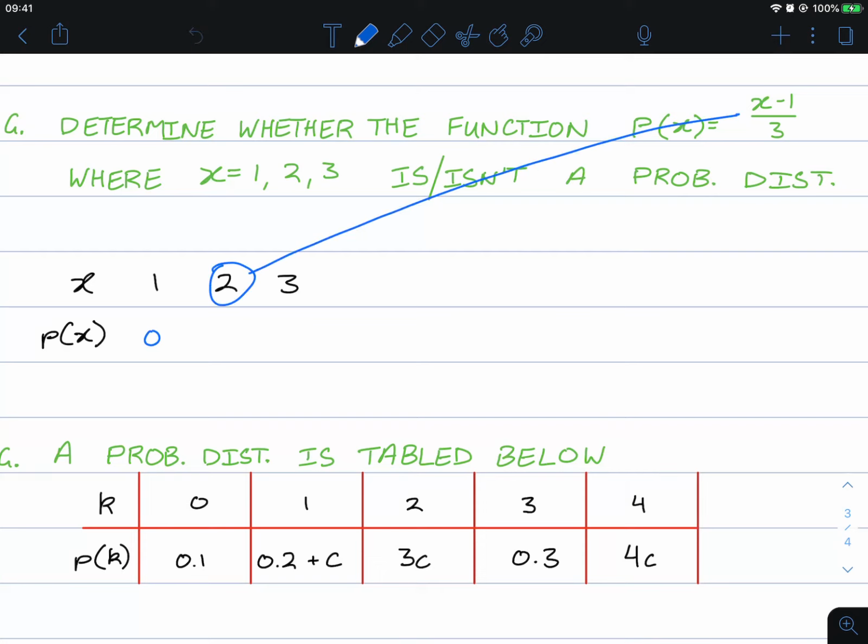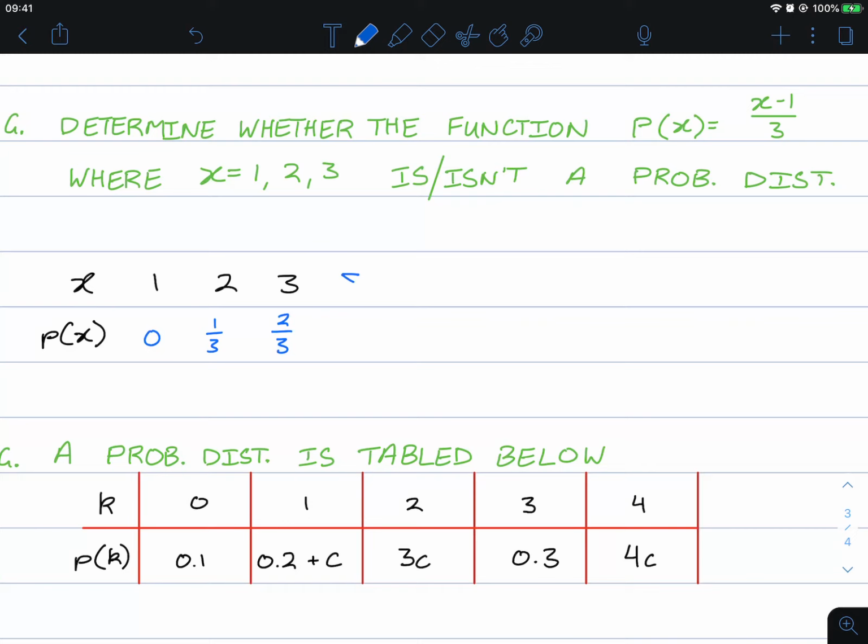Substituting 2. 2 take away 1 is going to be 1. 1 over 3. Substituting 3 into the function, that's 3 minus 1, which is 2. It's going to be 2 over 3.